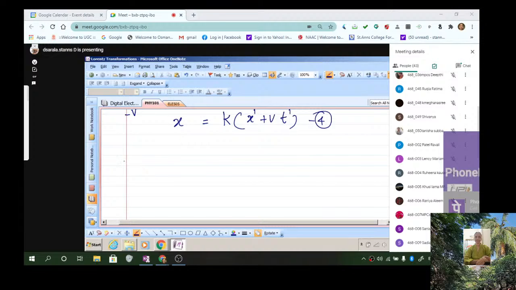So with this, let us now make an assumption. This assumption is again relative. Whatever assumption I am making may not be the same according to you, but let us have some consensus and say that with respect to S prime frame, S is moving with minus v velocity.